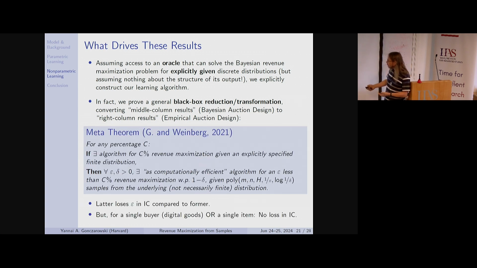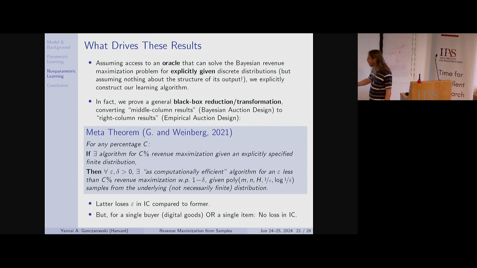So our meta theorem, if you wish, is the following. For any percent C, think about C equals 1 for a second, 100%. If there exists an algorithm for 100% or, you know, 1/6 revenue maximization given an explicitly specified finite distribution, then for every epsilon and delta there exists an as computationally efficient algorithm for an epsilon less than C% revenue maximization with probability 1 minus delta given polynomially many samples from the underlying, not necessarily finite, distribution.